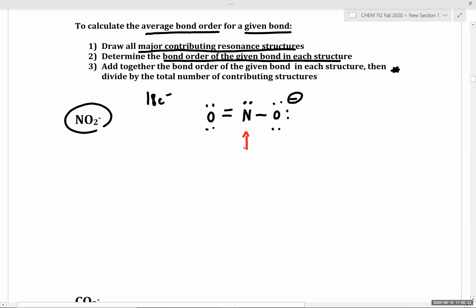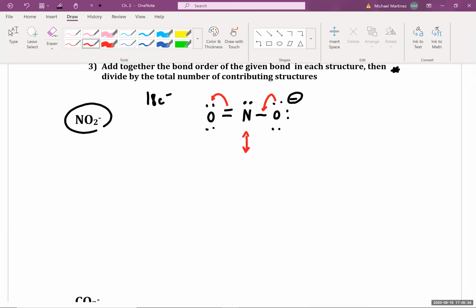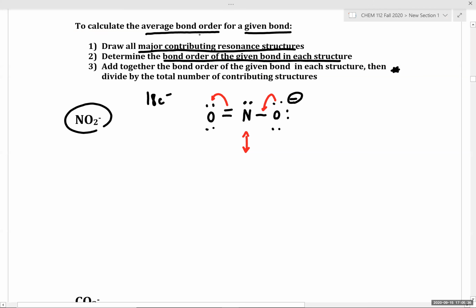Now what we have to do is draw a series of resonance structures. In this case, we kick our lone pair down, and our double bond gets kicked up and converted into a non-bonding lone pair.